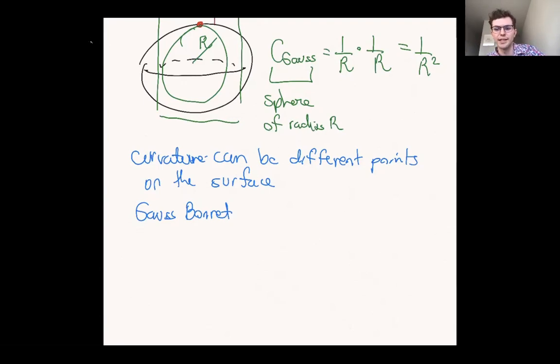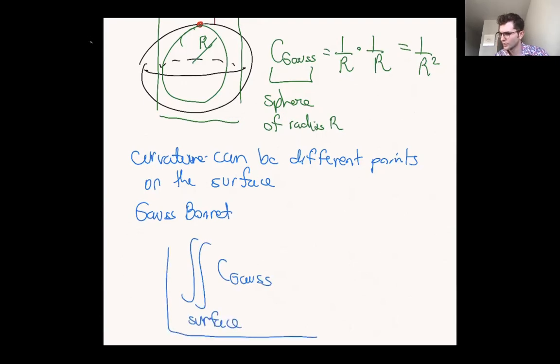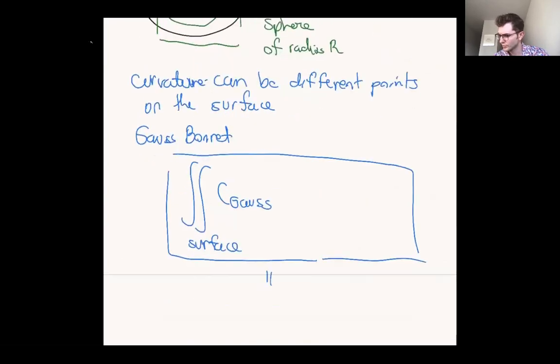But what Gauss-Bonnet says is that if you integrate the Gaussian curvature over the surface, you get 2 pi times the Euler characteristic of the surface.